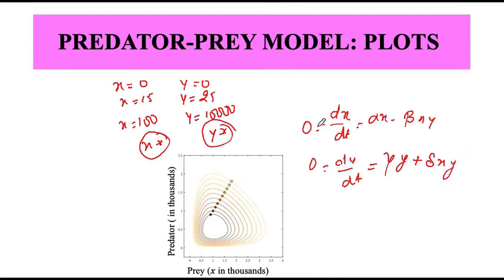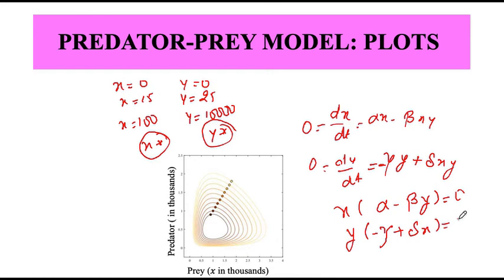The first equation means x times (alpha minus beta y) equals 0, and the second means y times (minus gamma plus delta x) equals 0.